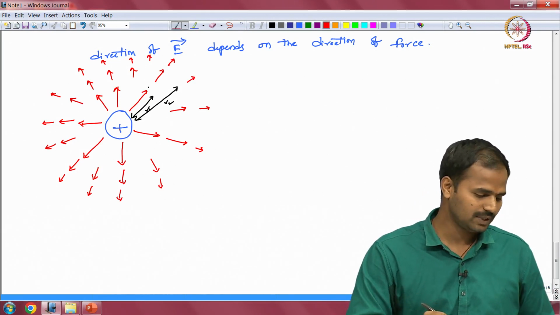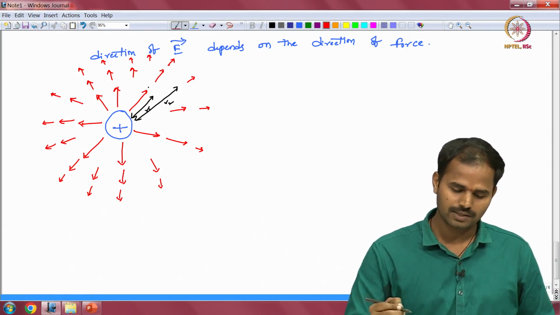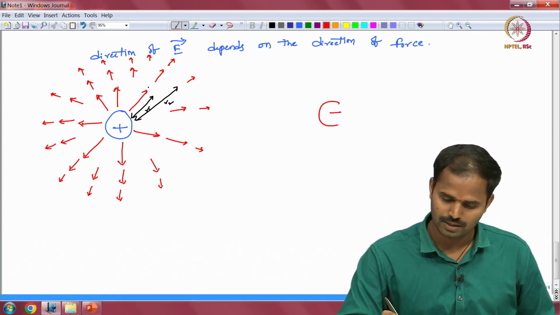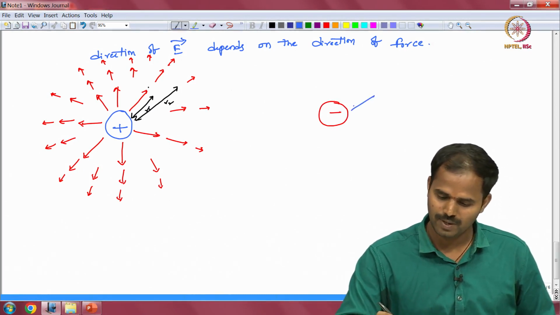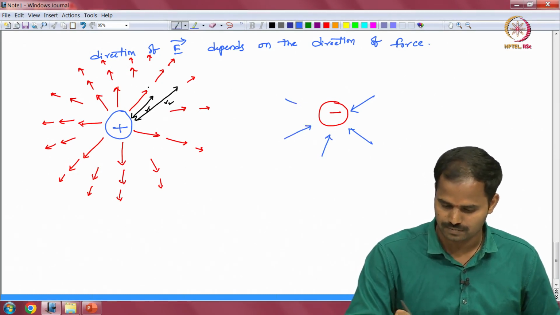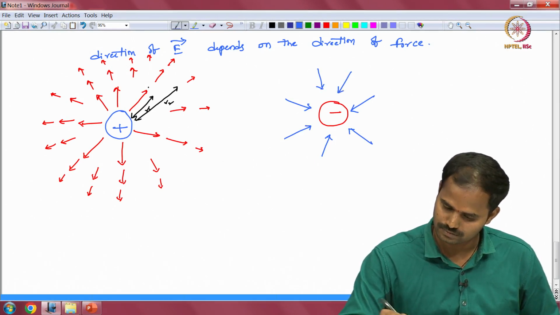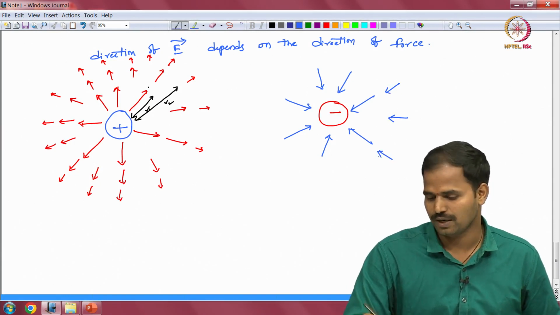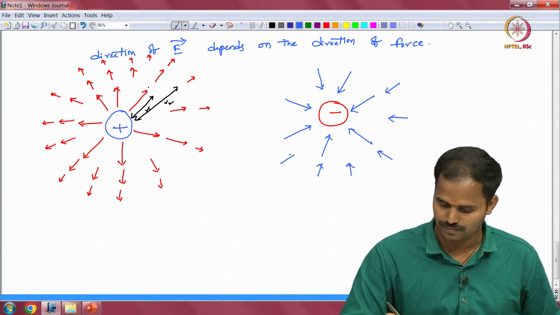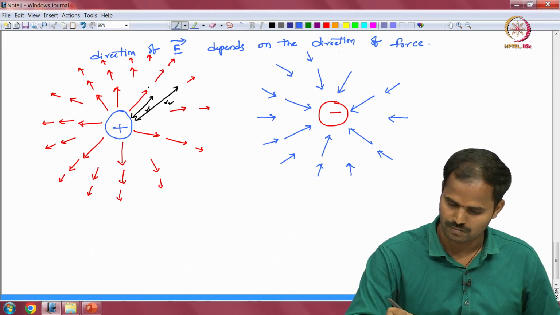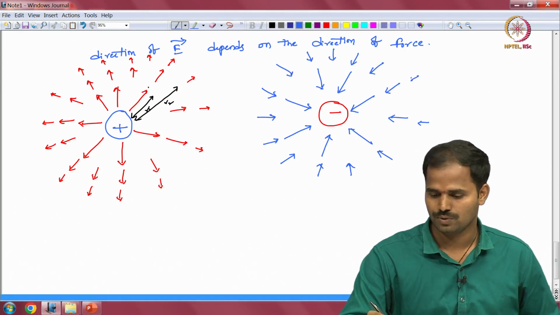Here this is with respect to the positive charge, and the negative charge is exactly opposite to this one. If I draw the negative charge, then the force will be exactly opposite, that is the inward direction for the negative charge. And similarly we can see that the force magnitude will come down with respect to the distance, and so on.